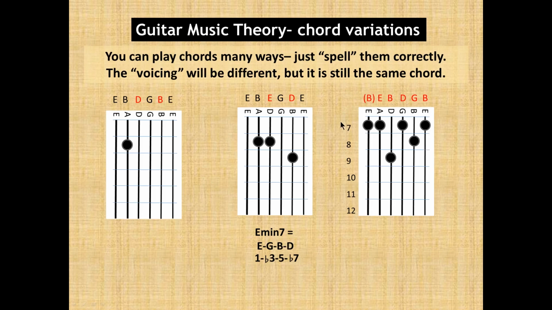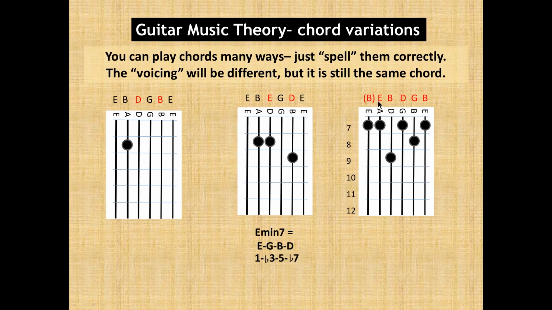And then just to illustrate that there are many ways to play a chord and in different positions on the guitar, what I'm using here is the A7 chord form in a bar chord on the 7th fret. And so this becomes, once again, an E minor 7. The reason I put the B in parentheses here is that although it is true this B fits into the chord spelling, generally you would want to have the root note be your lowest note.